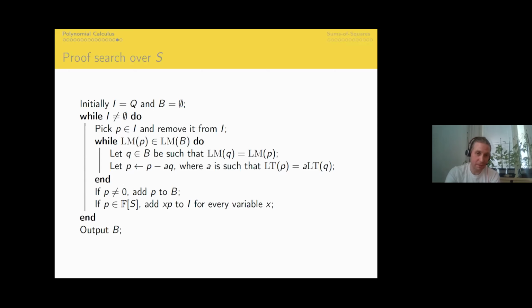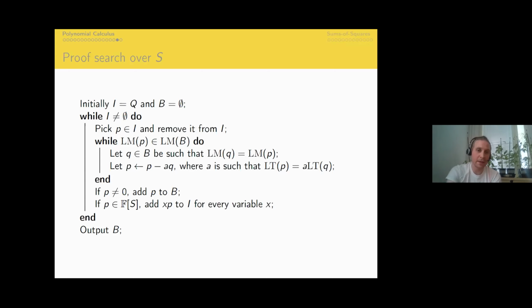So then it's a lemma to prove that yes, this is indeed a basis for the set of all provable polynomials. And this proof search algorithm always halts in polynomially many steps in the size of Q and the size of S.